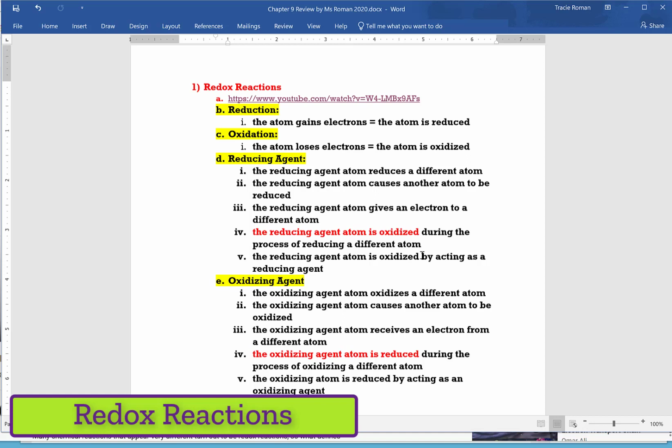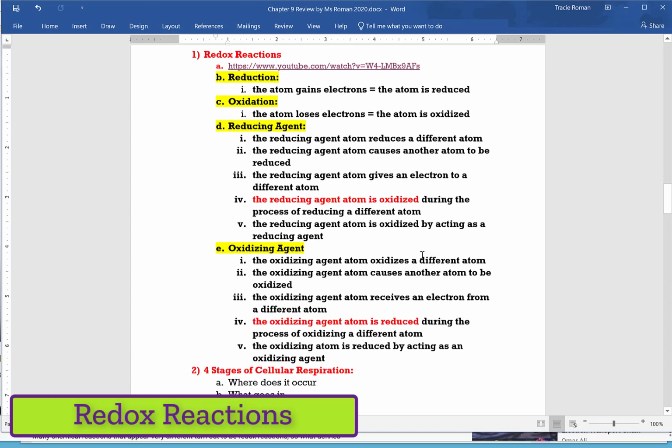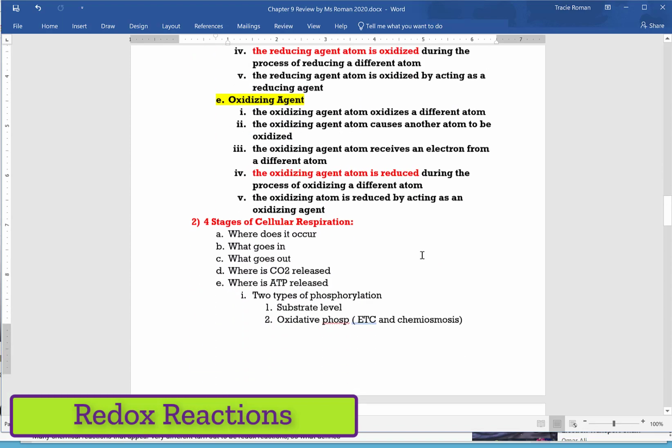And in cellular respiration, as a glucose molecule is being broken down, those are oxidation reactions. When we learn about photosynthesis, we'll have a lot of reduction reactions being the main reaction. Yeah, I think that's all you need to know about that.